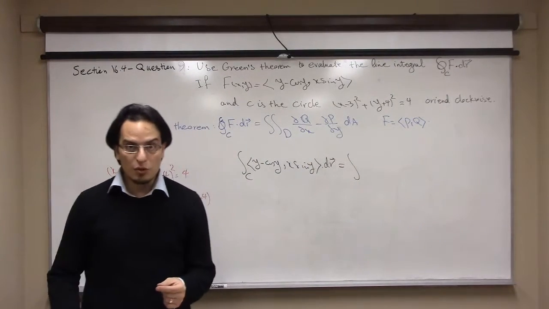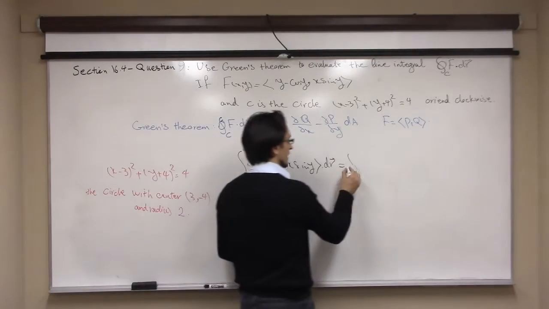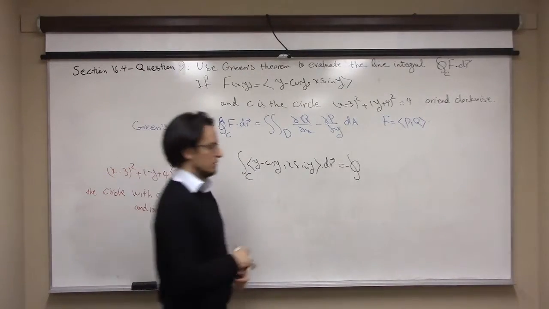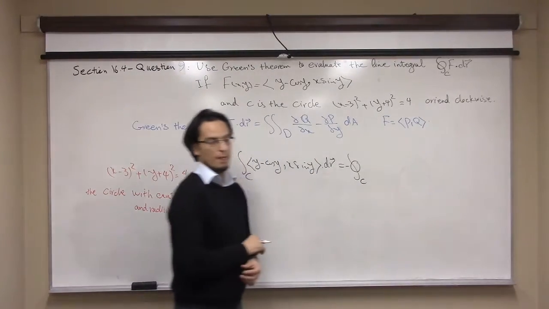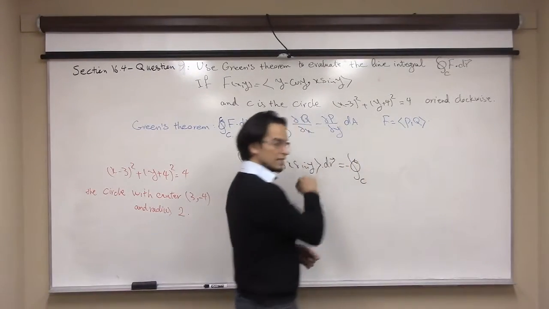If you change the orientation in a line integral of a vector field, you're going to end up with a negative sign on the right hand side.